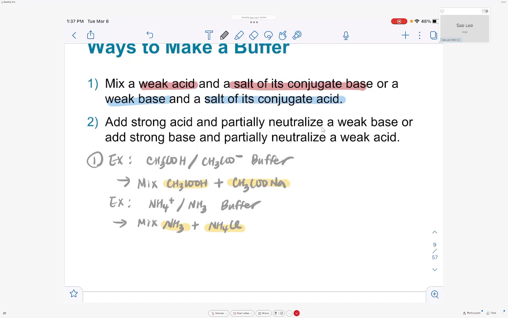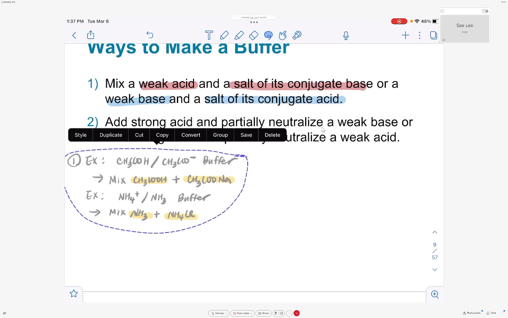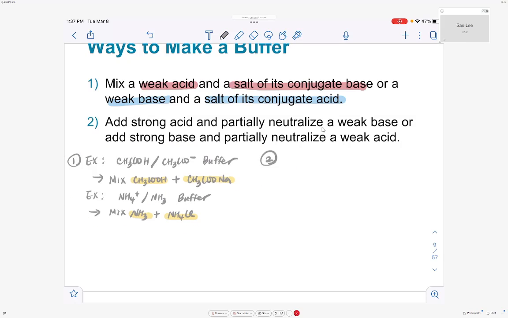The second method to create a buffer solution is adding a strong acid to partially neutralize a weak base, or adding a strong base to partially neutralize a weak acid. Here's an example for the second method. For example, you want to make this buffer solution.